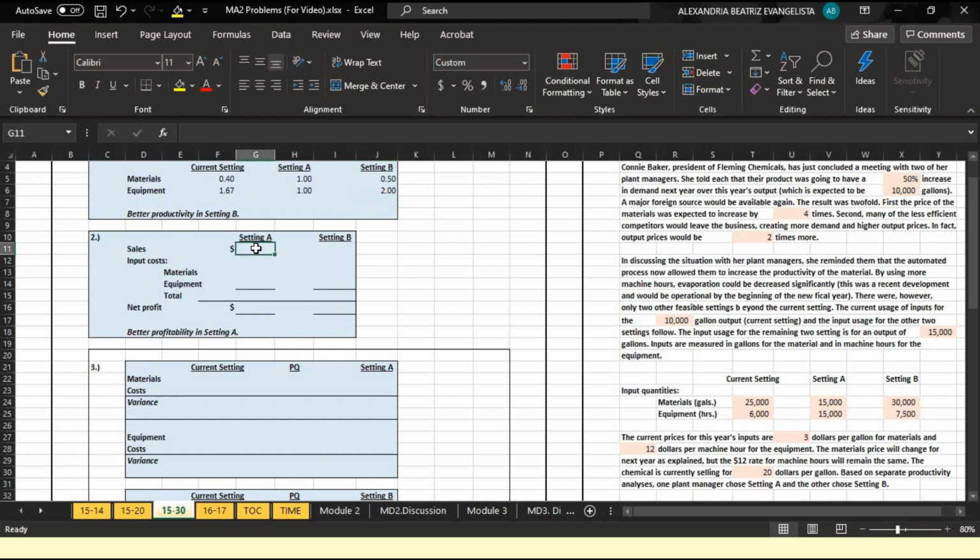So in here, I already laid out the pro forma income statement.